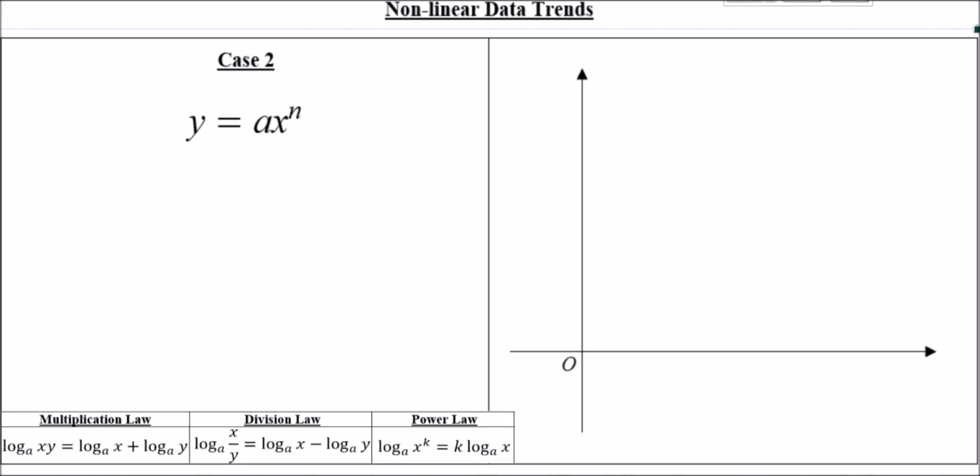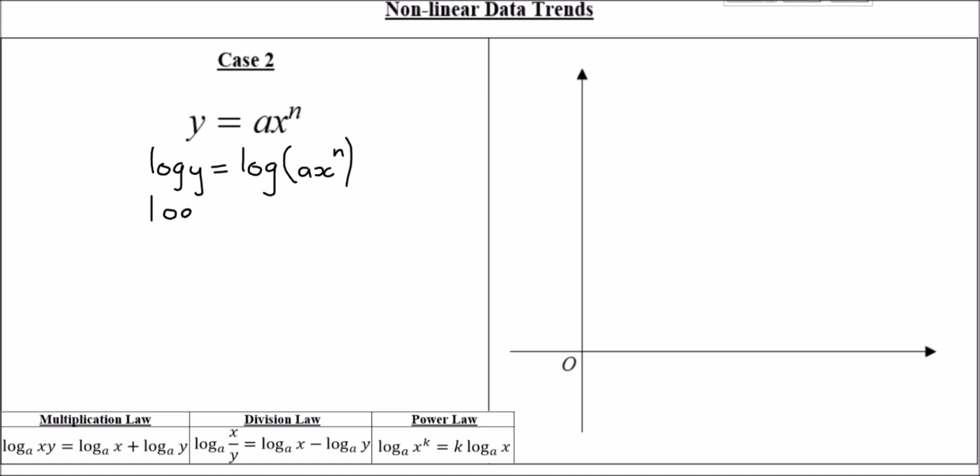So again, we're going to start by taking logs of both sides of this equation. So first of all, if we take log y, that will give us log of ax to the n. Now a multiplied by x to the n is in itself a product. It's a product of a and x to the n. So we can use this multiplication law to separate this out into 2 separate logs.